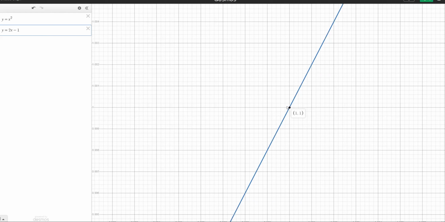But the difference between the two lines around the point (1, 1) is so small, it's so hard to graph on the xy plane, even with a computer. But mathematically, we can actually calculate what the difference is around this area. But at exactly (1, 1) is where they touch.